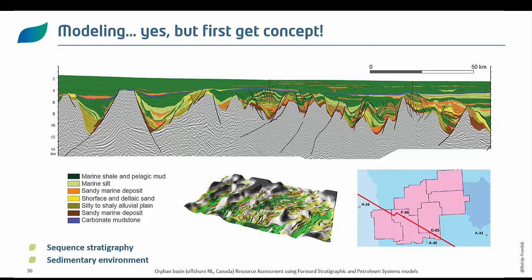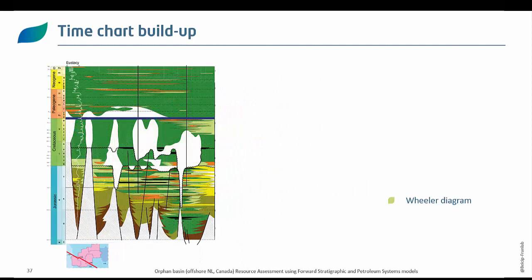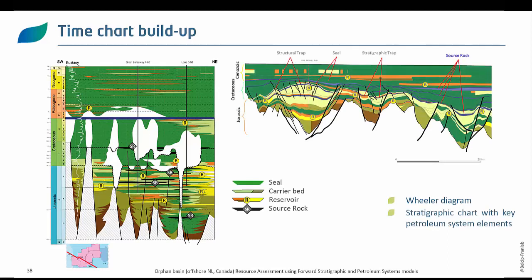And you can see that those depositional environments are both dressed up in representative 2D sections and in 3D gross depositional environment maps. So once having done this sequence stratigraphic framework, we did a time projection of our key regional section. Then key play elements are displayed on this kind of Wheeler view, which is consequently turned into a representative stratigraphic chart of the area.